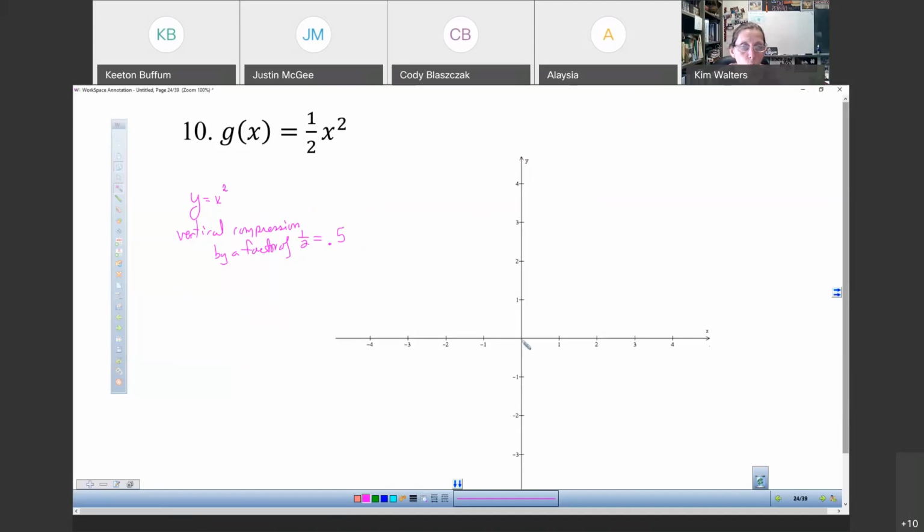And once again, it's not going to shift at all from 0, 0. I would probably pick an x value of 1 and see what happens. That's going to give you 1/2 times 1 squared, which gives you a y value of 1/2, giving you that nice ordered pair of 1, 1/2. And so it's going to be this wider graph, and it's going to come along and look like this.